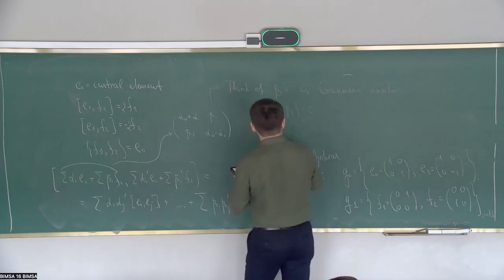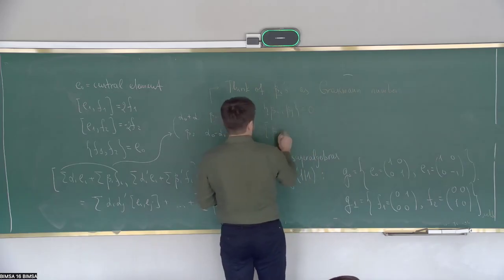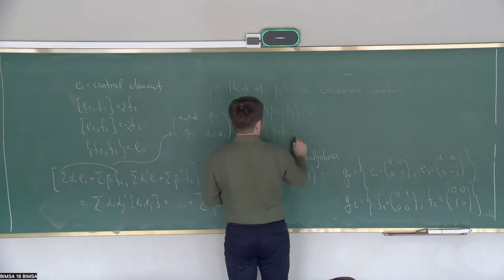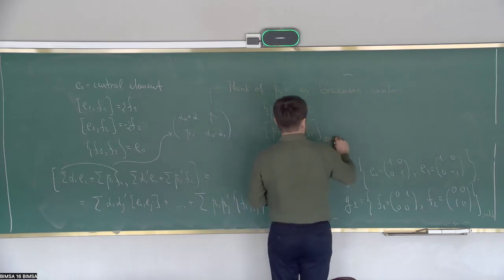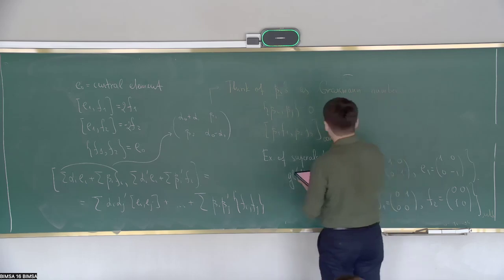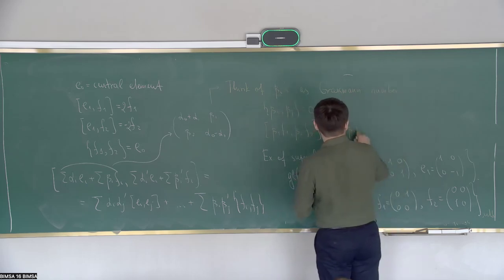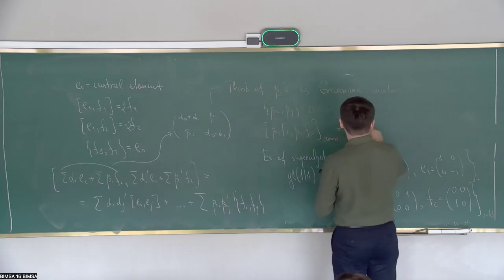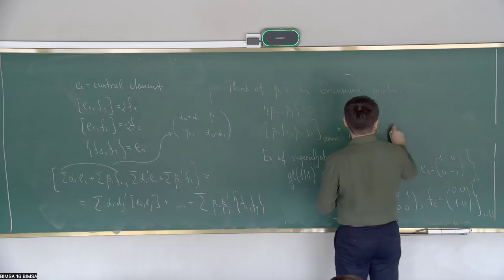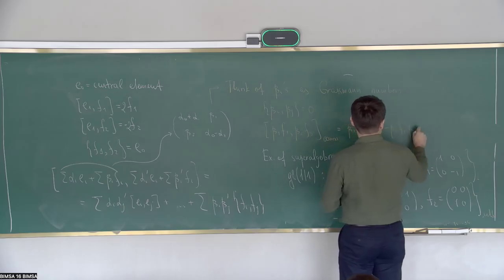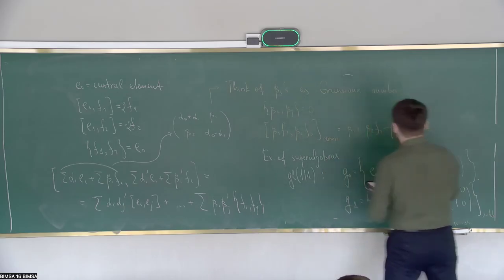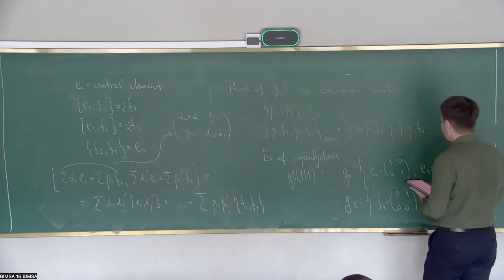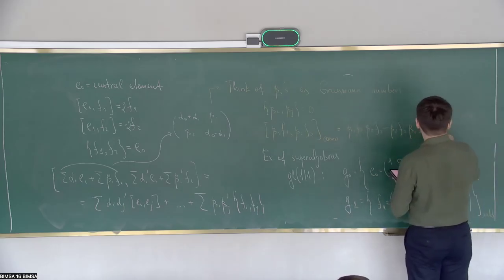What I mean is, for example, that beta_1 F1 with beta_2 F2: now this is a usual commutator, not an anti-commutator. This is just beta_1 beta_2 F1 F2 minus beta_2 beta_1 F2 F1. If you swap the positions of the betas, you get beta_1 beta_2 times the anticommutator of F1 and F2.